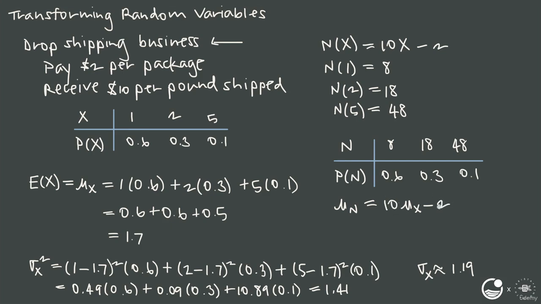And we include the 10 and we include the minus 2 because the mean is affected by the scaling of 10 and also by the shifting of 2.